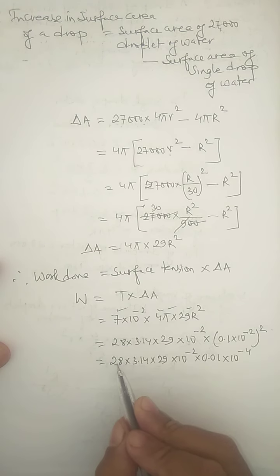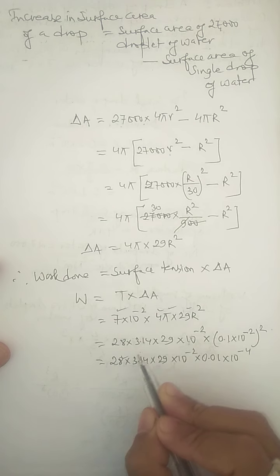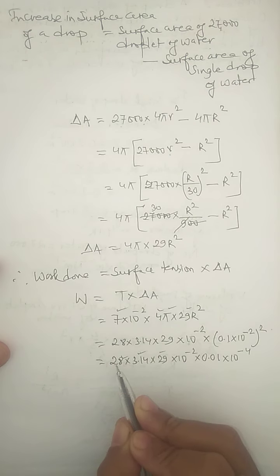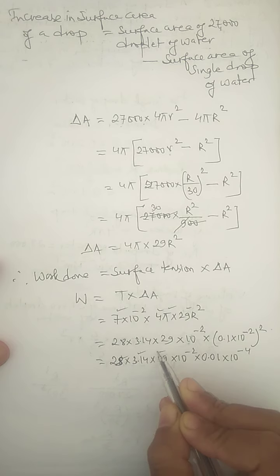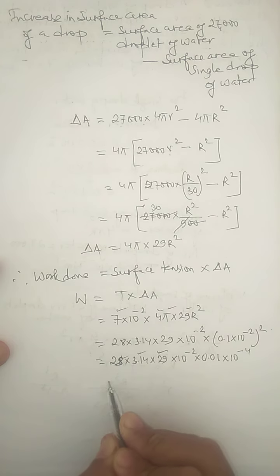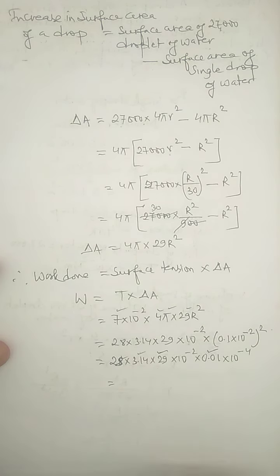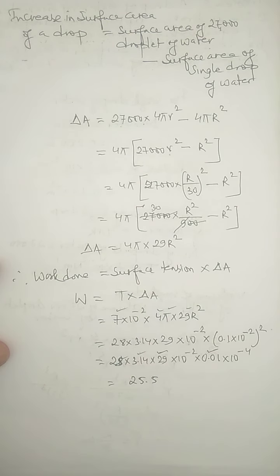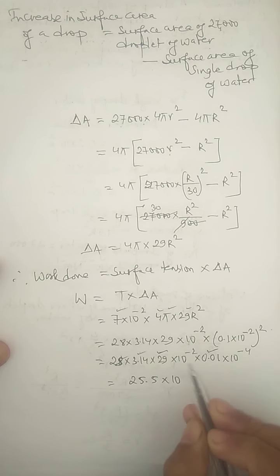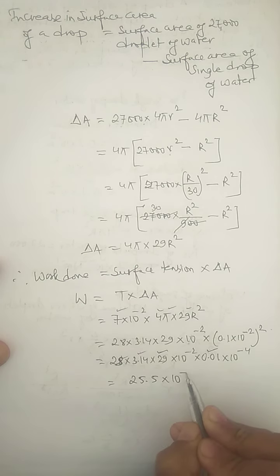Now we can further multiply these 4 quantities. This is 28, 3.14, 29 and 0.01. If you multiply these 4 quantities, we get approximately 25.5. Children, you can calculate by yourself also. Into now 10 to the minus 2, 10 to the minus 4 means 10 to the minus 6.